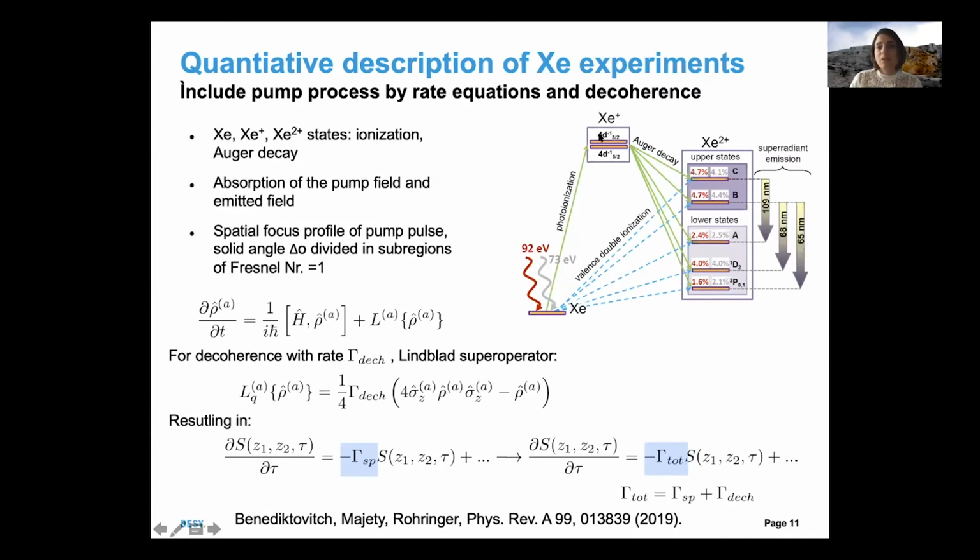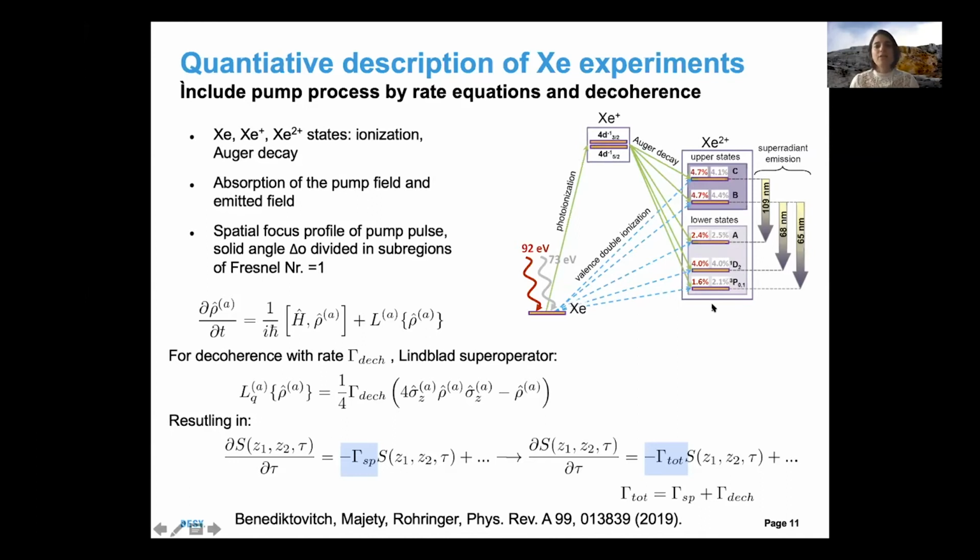These states would decay via Auger decay to a set of states in the dicationic ion. And these same states can also be occupied by direct valence double ionization pathways. So all these pumping processes need to be accounted for in order to really get a quantitative description of the process of emission. And we do this by rate equation approaches.